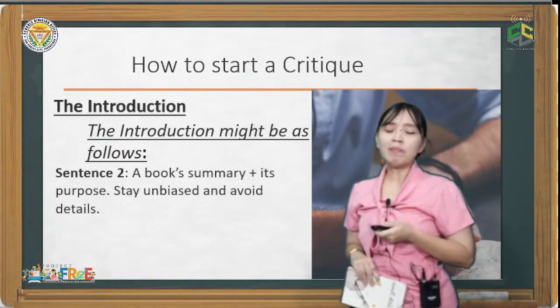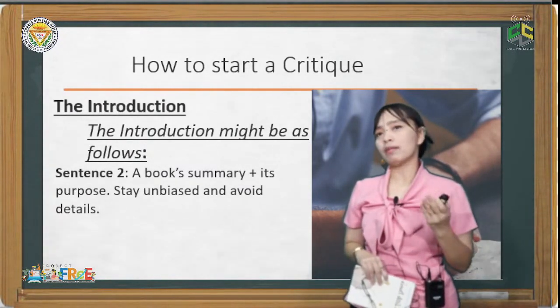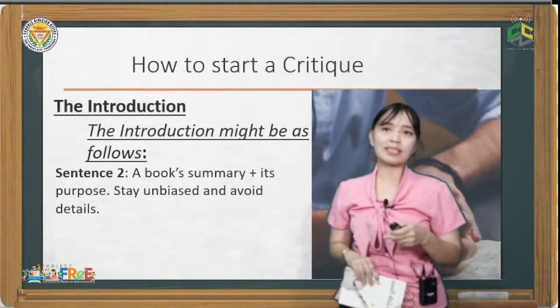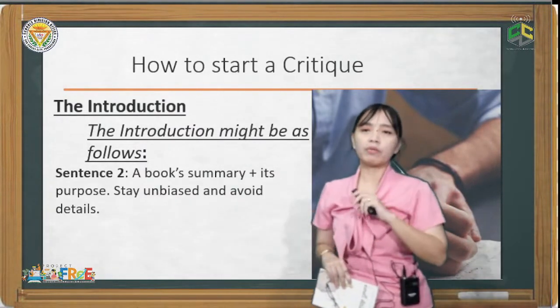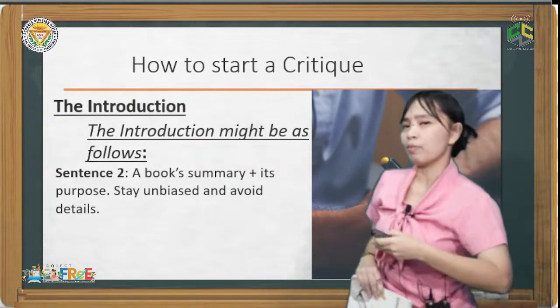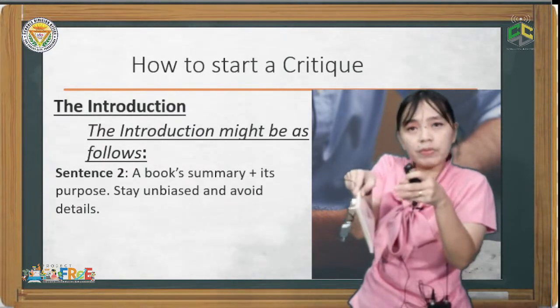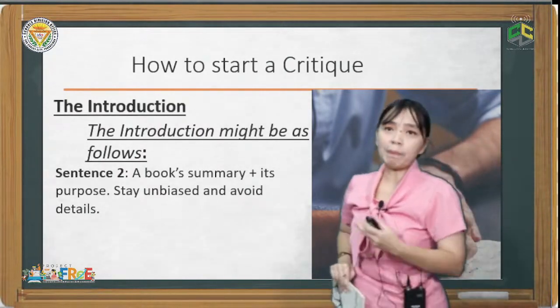And this time, if we are going to talk about sentence 2, I'd like to remind you that you could include right here the kernel point, or what I call the recap, the encapsulation of the book, and of course, the purpose of the book.